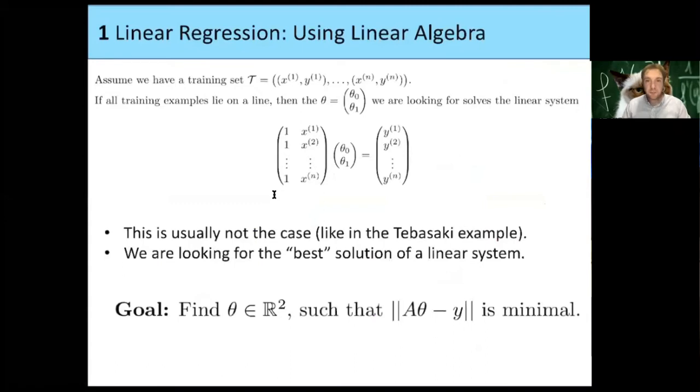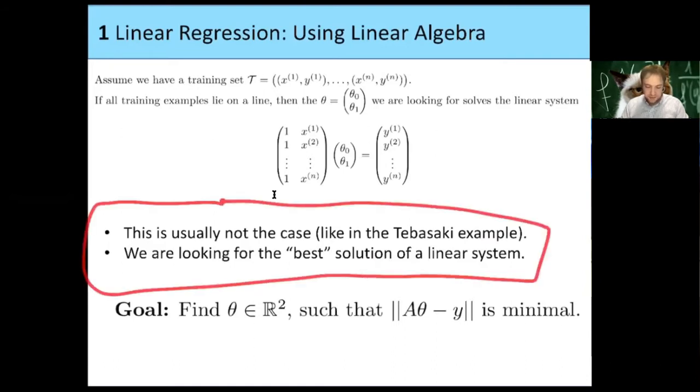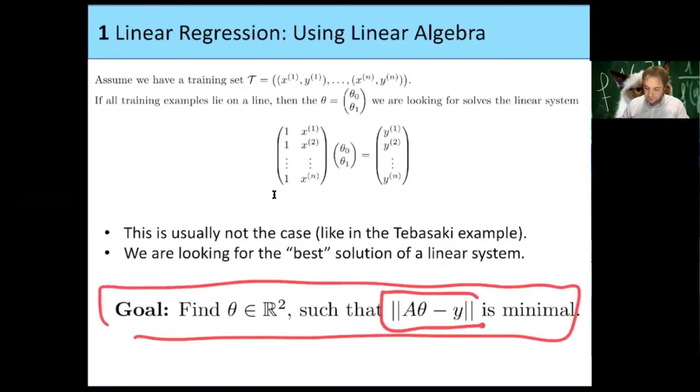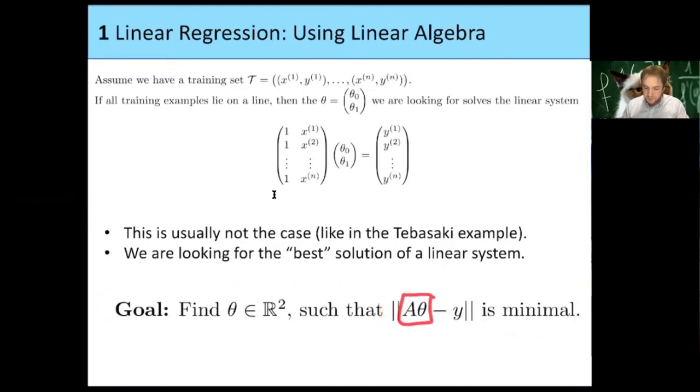So this is the same slide with the text which I just said. So usually our data is not exactly on a line, but we want to minimize this norm of this matrix times this vector minus the right-hand side.